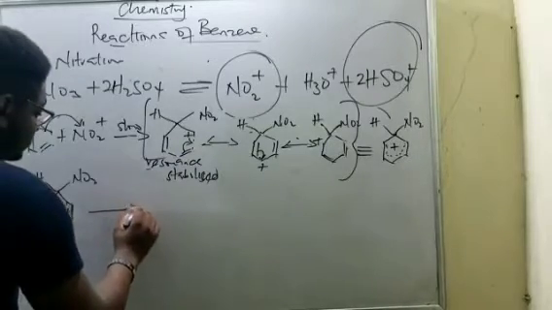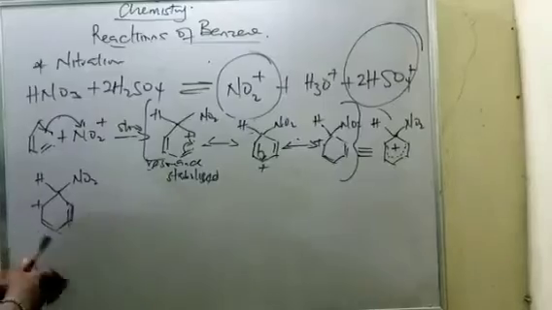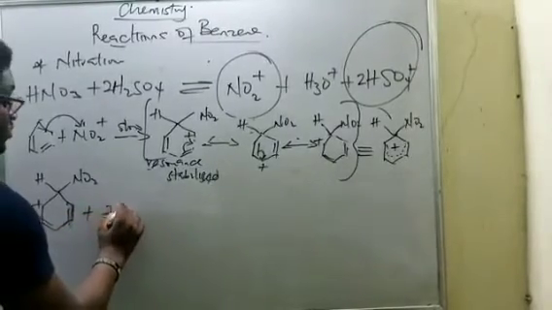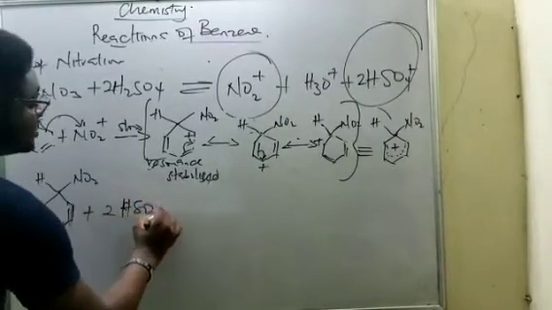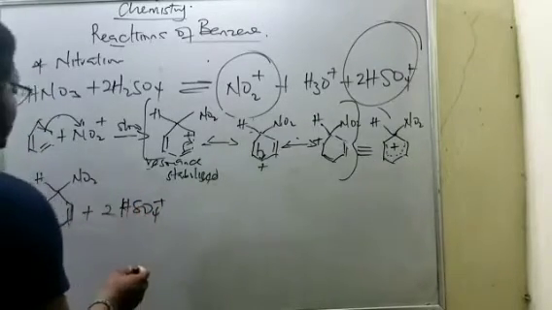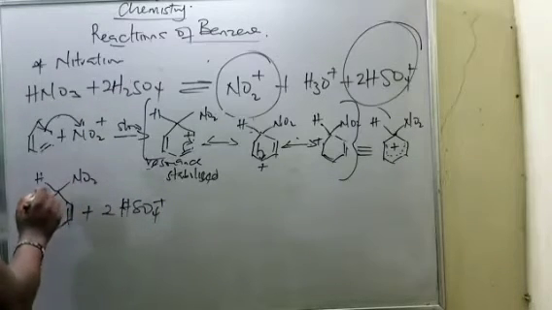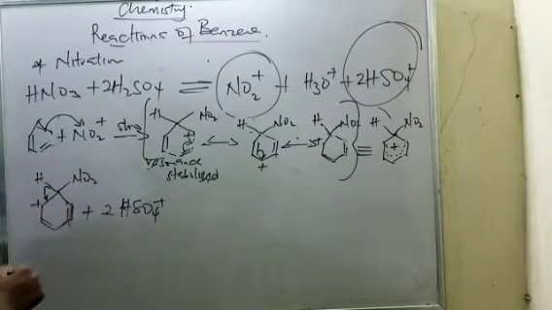So let's have this plus HSO4 minus. This can abstract the hydrogen, so when it abstracts the hydrogen, this bond collapses back on this.